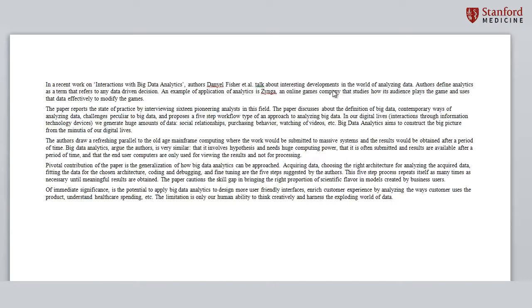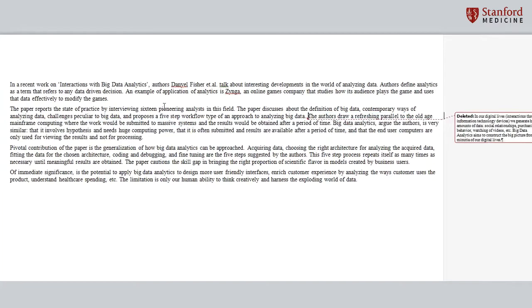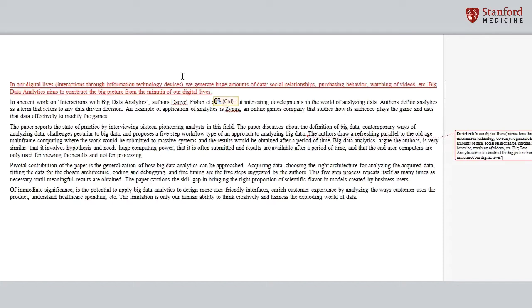So we get this nice statement down in the second paragraph. In our digital lives, we generate huge amounts of data, and that's the crux of big data analytics. So let's just start with that. Let's pull that up and move it right to the beginning. So in our digital lives, and we're not going to want to start with the parentheses there, but I don't think we need that. So let's just start with, in our digital lives, we generate huge amounts of data.